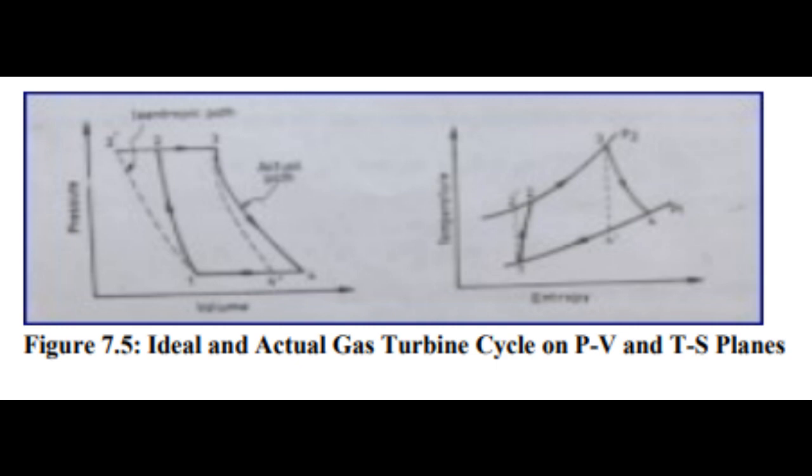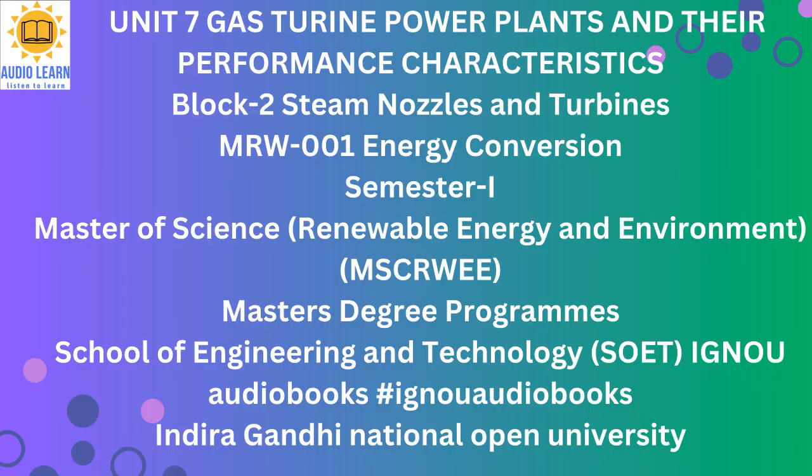The net work output, Wn, may then be written as Wn = turbine output − compressor work = Wt − Wc, (7.4). The compressor work, Wc, may be expressed as Wc = ma Cpa (T2' − T1), (7.5), where ma is the mass of air flowing per second, and Cpa is the specific heat of air at constant pressure.